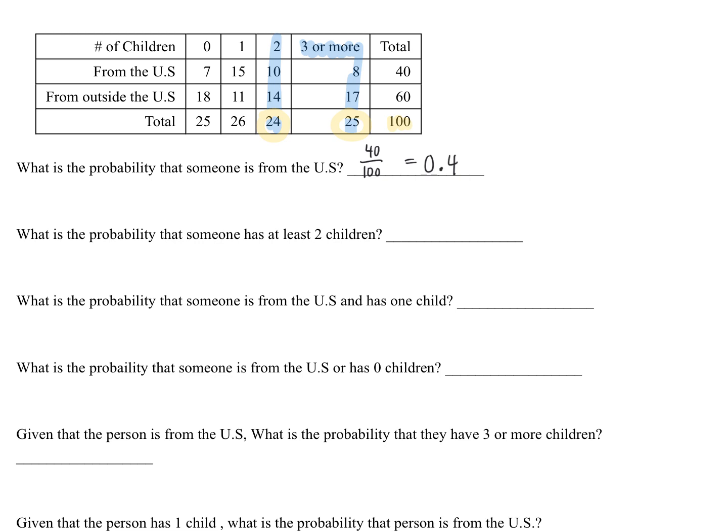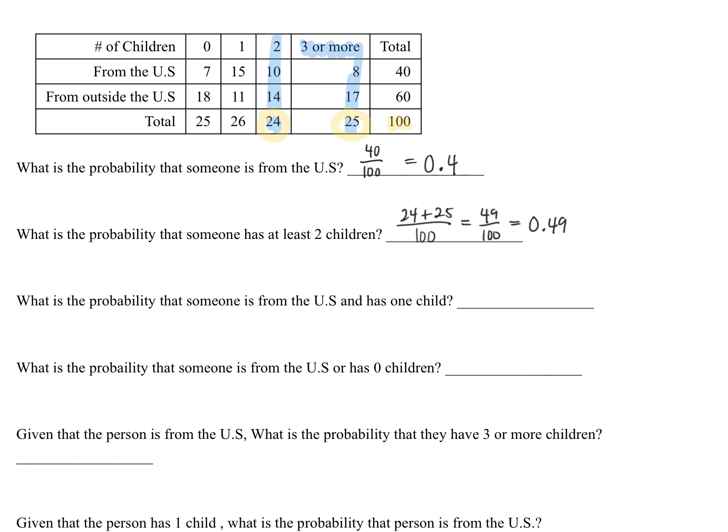So 24 plus 25 is 49, because 24 people have 2 kids, 25 people have 3 or more kids. So you add that together, that's 49 out of the total 100. So that would be 0.49.